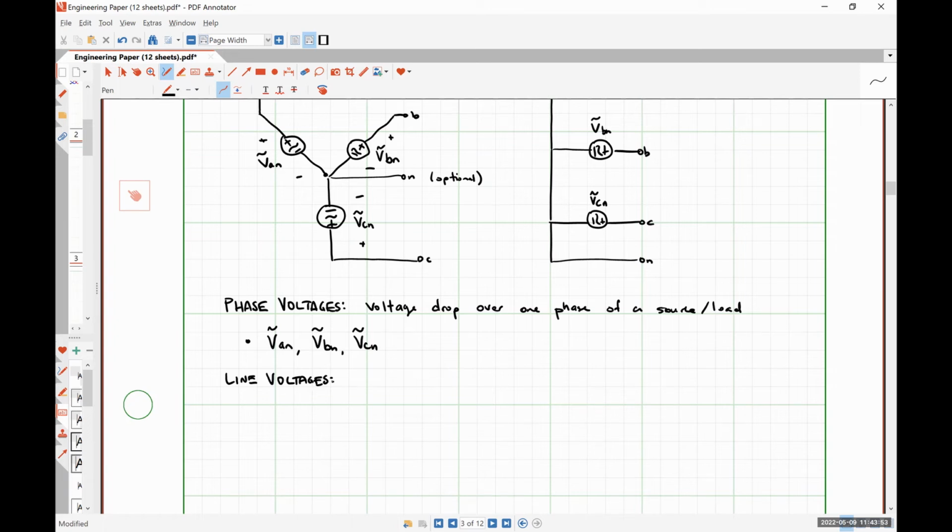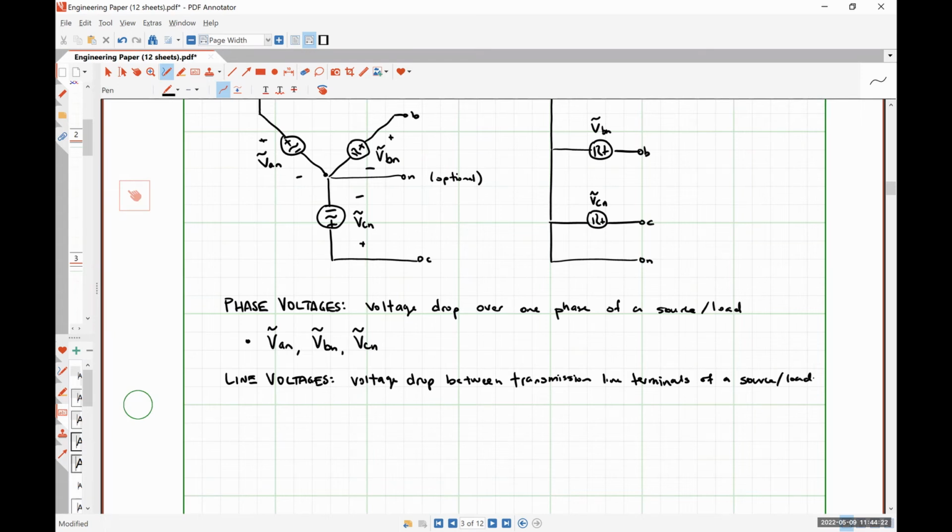Line voltages measure the voltage drop between transmission line terminals of a source or load.